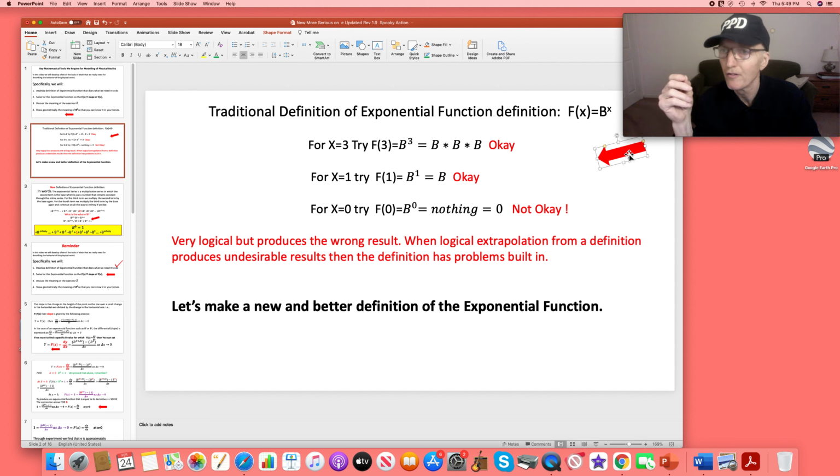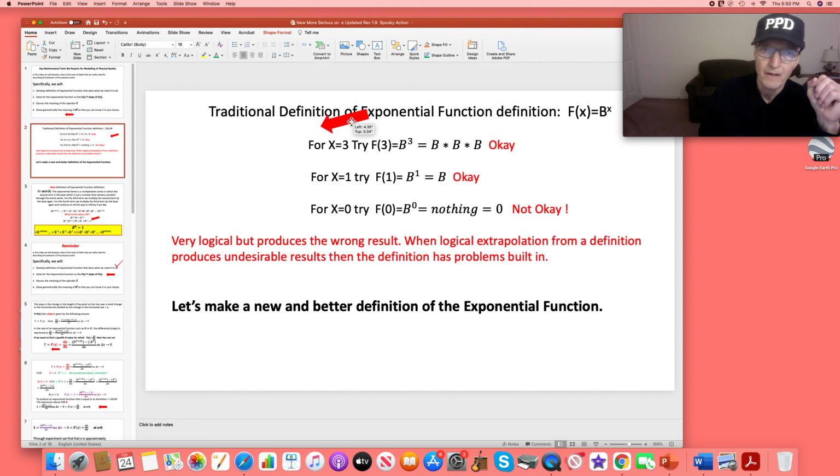And I would even go so far as to say that you want to make a definition that leads people to the right answer and doesn't lead them to the wrong answer. So in my mind, it should be possible to make a better definition of the exponential function so that the majority of the people would give the right answer, which we're going to derive, by the way. So let's look at this.